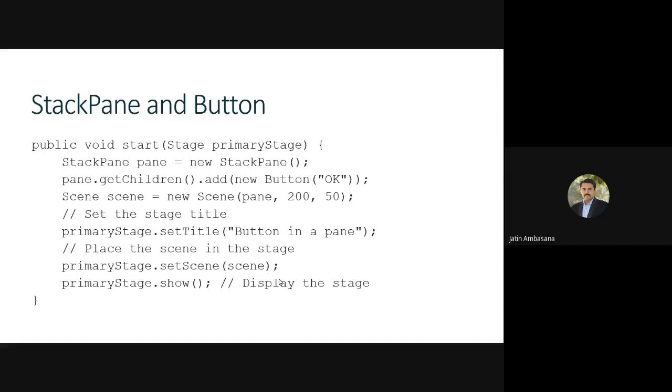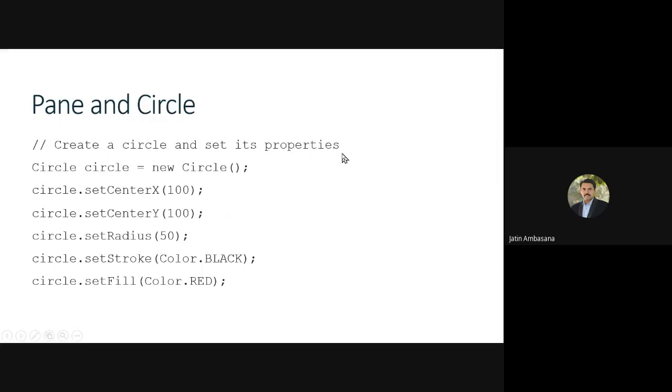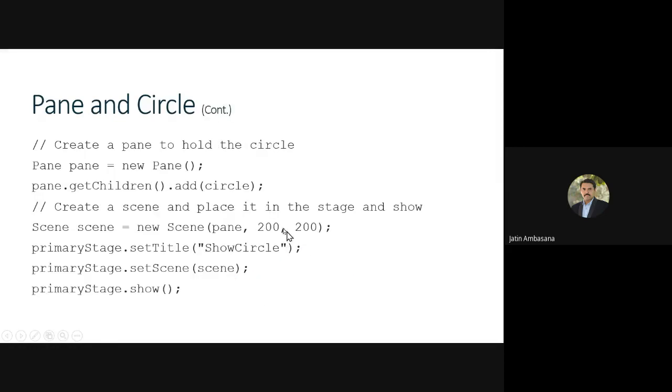Then we saw stack pane, and how we can add a button to it, how a circle can be added with a particular outline and also a fill color, how a pane can be used and a circle can be added to the pane, and then that pane can be added to the scene, and then the scene can be added to the primary stage, right?